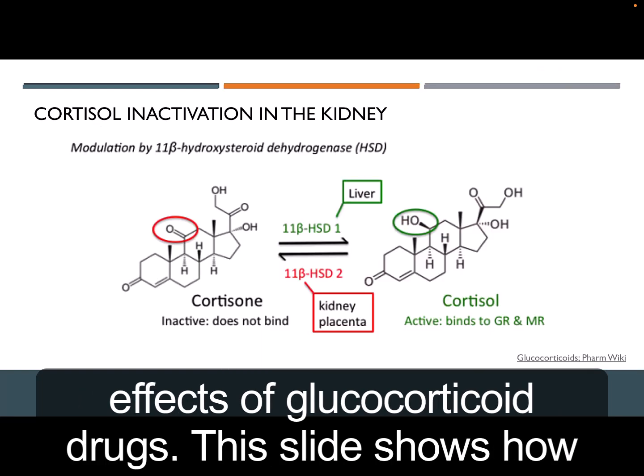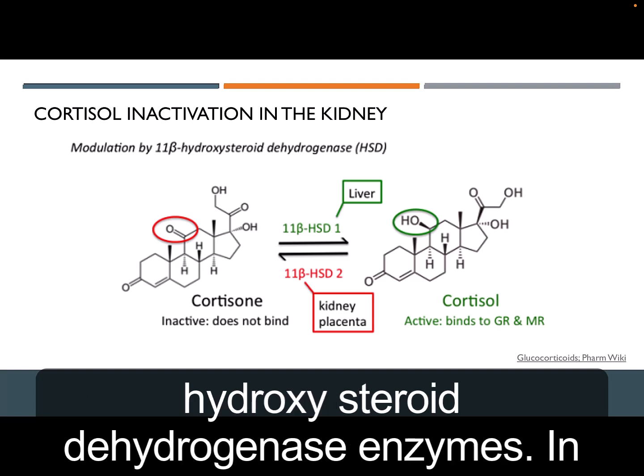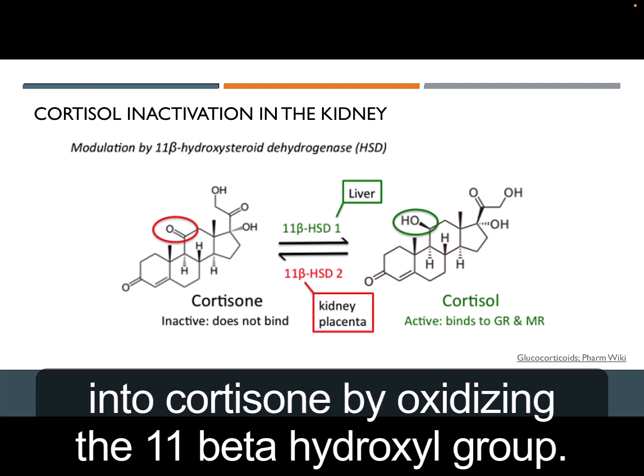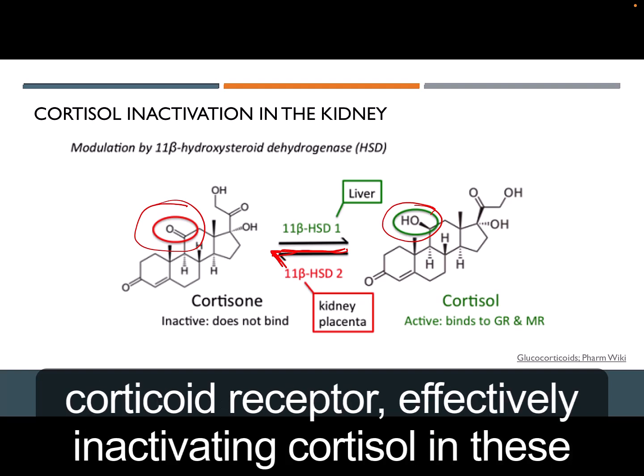This slide shows how cortisol signaling is regulated at the tissue level by the 11-beta hydroxysteroid dehydrogenase enzymes. In the kidney and placenta, 11-beta HSD2 converts cortisol into cortisone by oxidizing the 11-beta hydroxyl group. Cortisone does not bind to the glucocorticoid or mineralocorticoid receptor, effectively inactivating cortisol in these tissues.